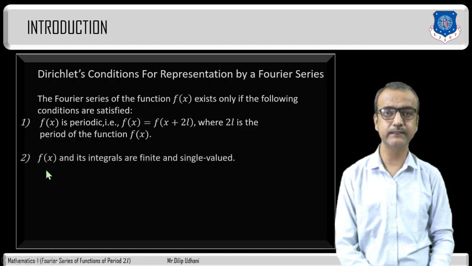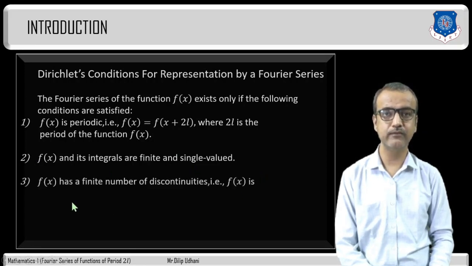The second condition is f(x) and its integral are finite and single valued. The function f(x) and its integration should be a finite value and it should be single valued.